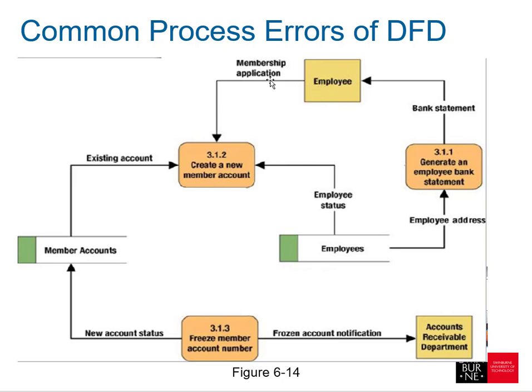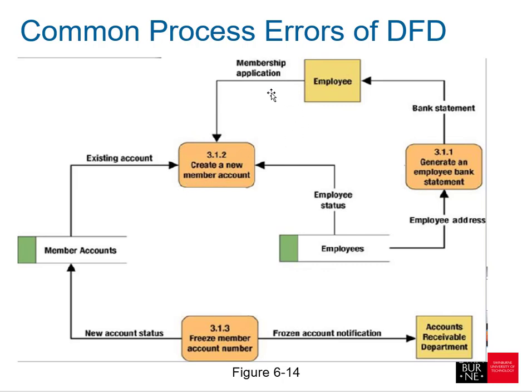So employees send the member application to the process called create new member account. In order to create a new member account, it reads from the member account details, so that is correct, and it reads from the employee table about the employee status.